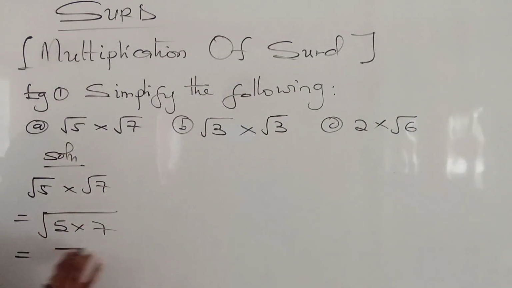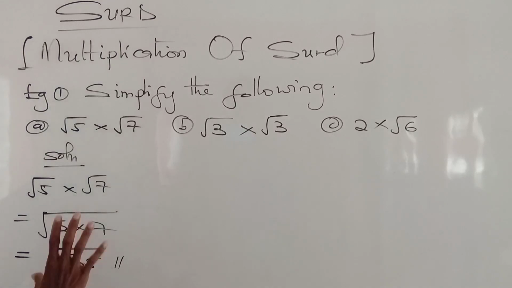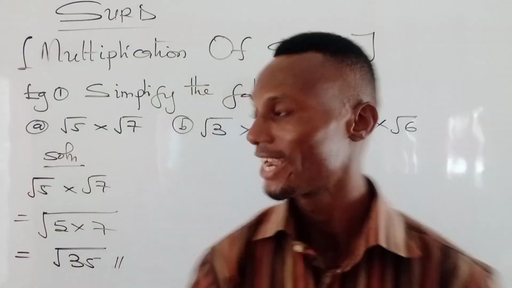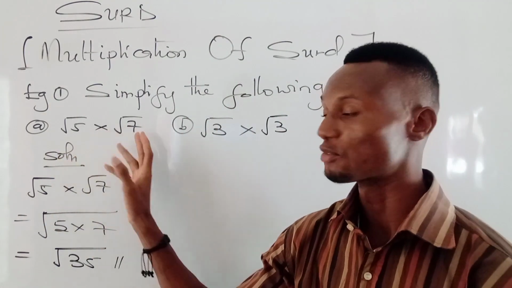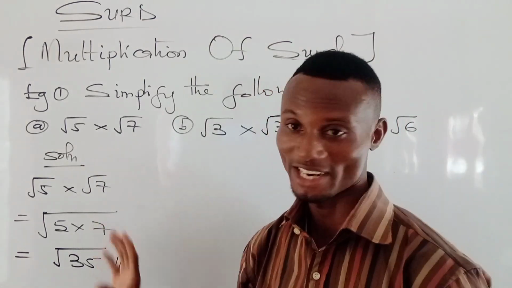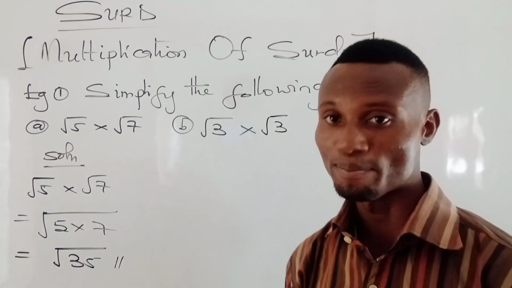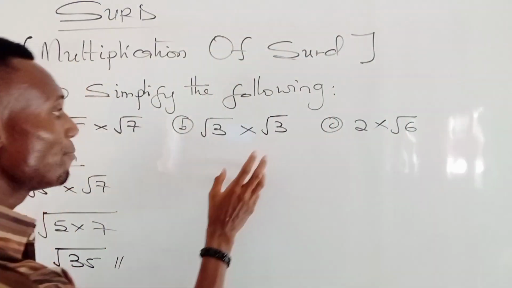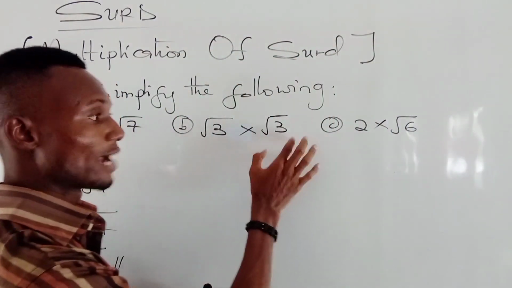Square root of 5 times 7 gives 35. So I'm going to get square root of 35, and this is my final answer for simplifying the square root of 5 times square root of 7. I hope the explanation is clear enough and you understood it. Now let's handle the B as well. For the B, we have square root of 3 times square root of 3.